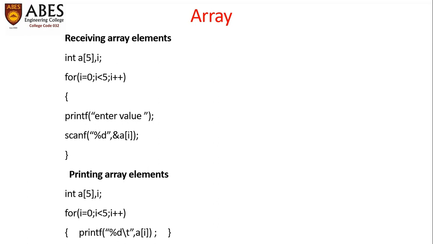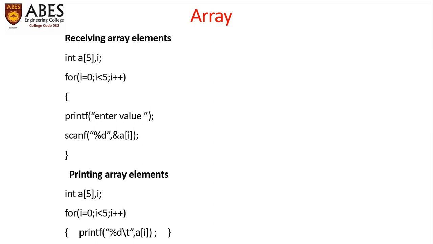Repeatedly, this for loop will run the next time. i gets incremented and i will be 1. So i equals 1, and 1 is less than 5, so the condition is true. Control will move into the body. The first statement, enter the value, will be printed. scanf takes the input through the keyboard. Similarly, this value will be stored at the address of a[1].